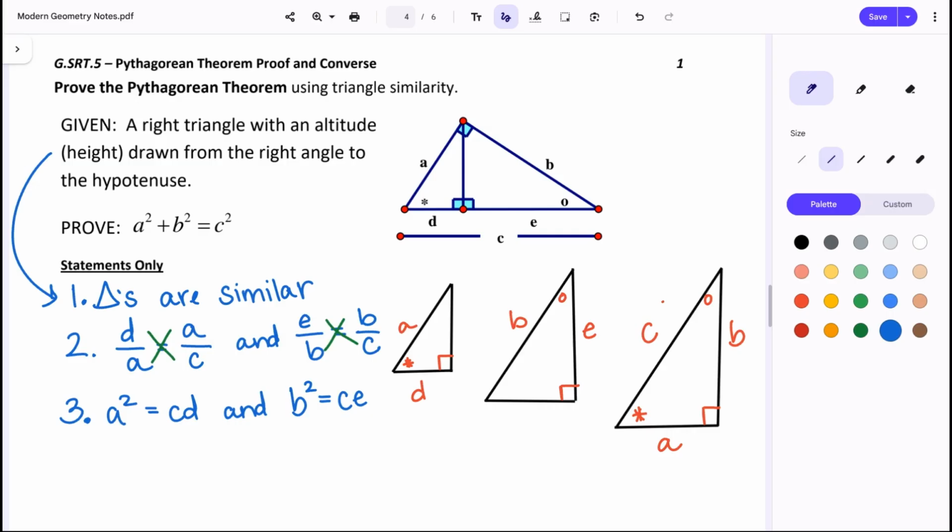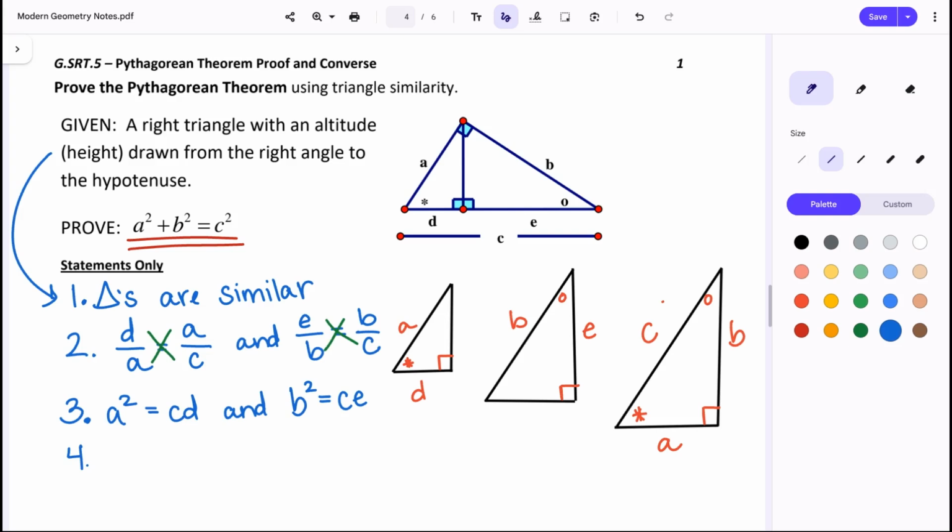Okay, now this next step is we have to eventually get to this. This is our end goal, a squared plus b squared equals c squared. So I want to rearrange this. And because I know that these are similar triangles, that's what allows me to do this. I can start to manipulate what these two things say and start putting things together.